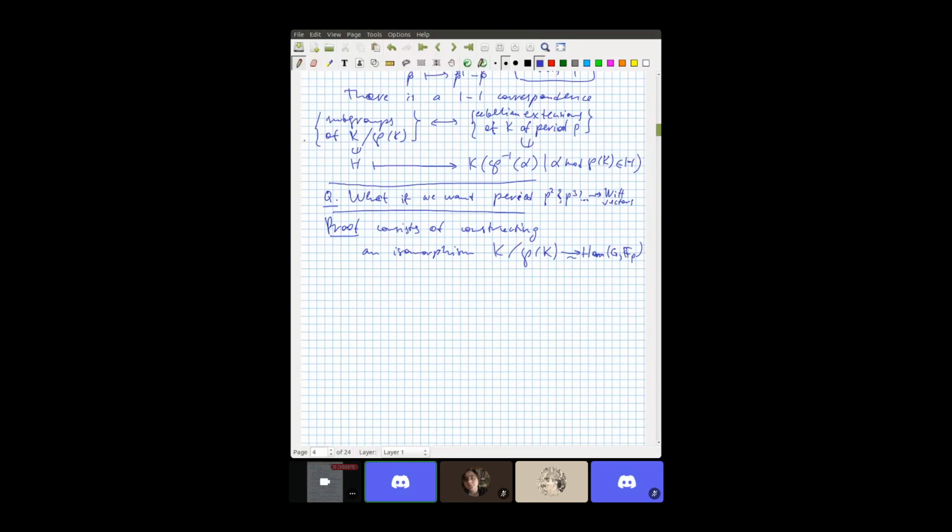So we can assume that G is what is called the absolute Galois group, the Galois group of the separable closure of K over K, and homomorphisms are understood as continuous homomorphisms.